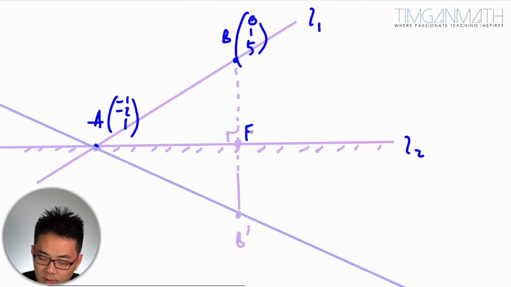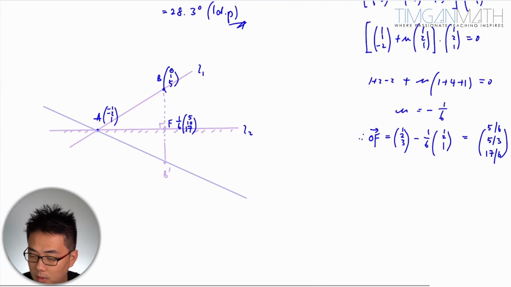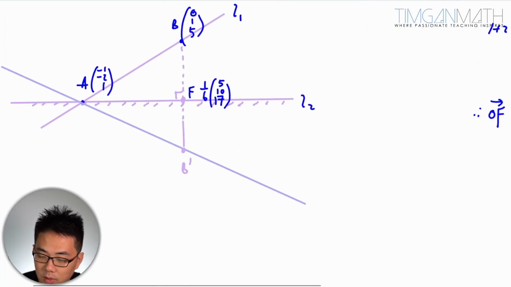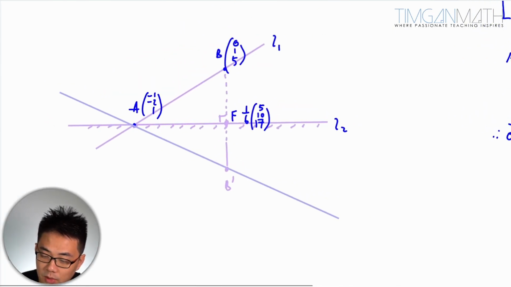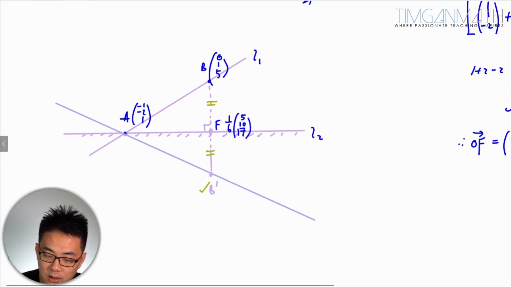Very ugly number, but okay. So the question now is, what is my B prime? That's the thing now. So you know that this mirror image here, as B looks into the mirror of L2, this will be B prime. Once I get this, I have 2 points, I can form the line equation L3.